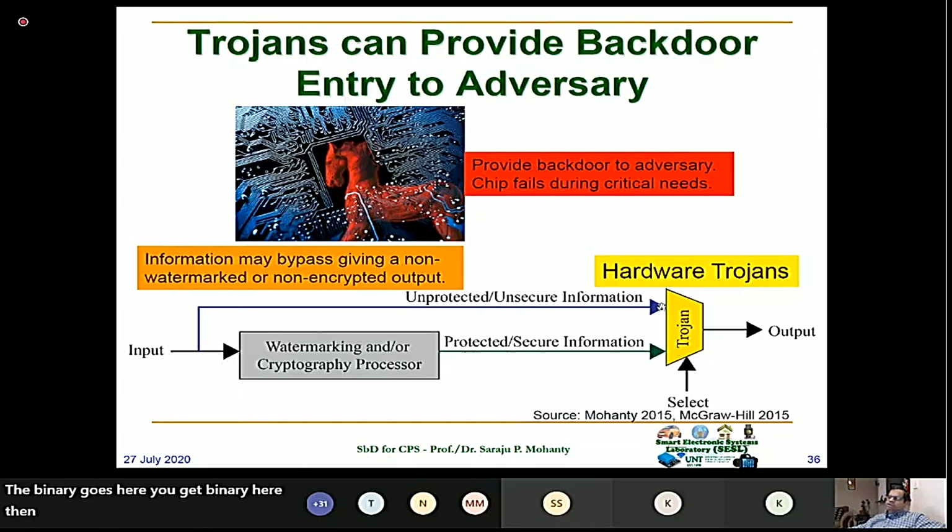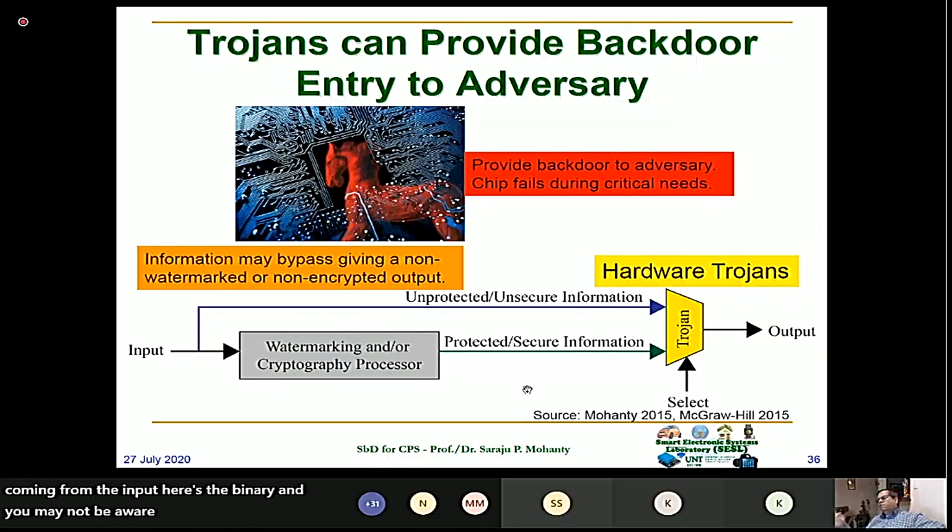Then, very simple, let's say somebody puts a multiplexer here and then puts a copper cable here. That means the input just goes to the output through a multiplexer. Then in this output you can sometimes get protected information, or sometimes unprotected information. So the multiplexer here is serving as a Trojan. Your output may be just coming from the input, it's a binary, and you may not be aware.